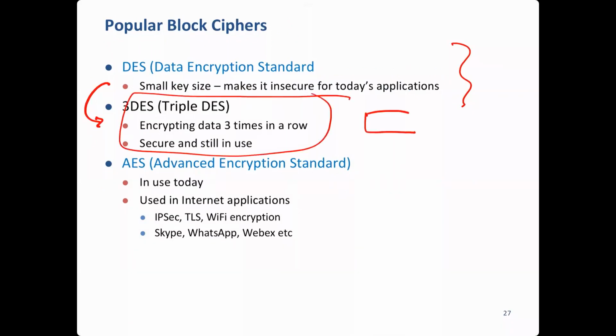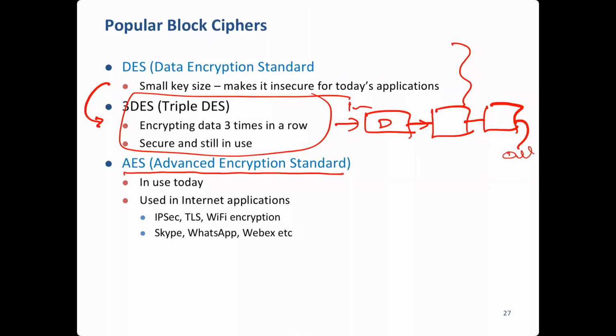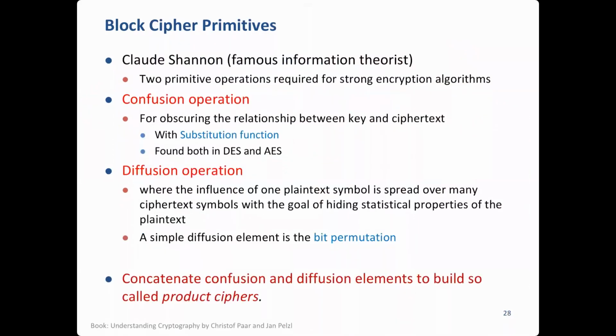So do DES encryption, then take the output, do DES a second time, and a third time, and what you get is the output. It's called 3DES, right? And then there is the AES standard, which you use in almost all applications like IPsec, TLS, Wi-Fi connection, Skype, whatever, right?